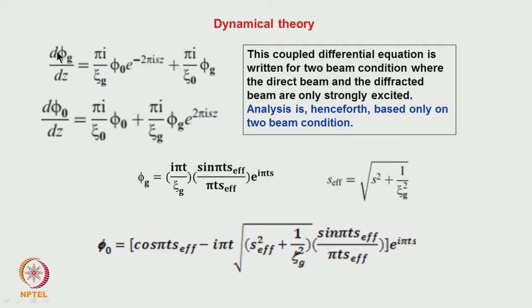That wave function depends upon what is psi g. It is essentially with respect to the beam directions, right. With respect to a beam in the transmitted direction, phi 0 is the amplitude of the wave, and phi g is the amplitude of the diffracted wave. Okay.